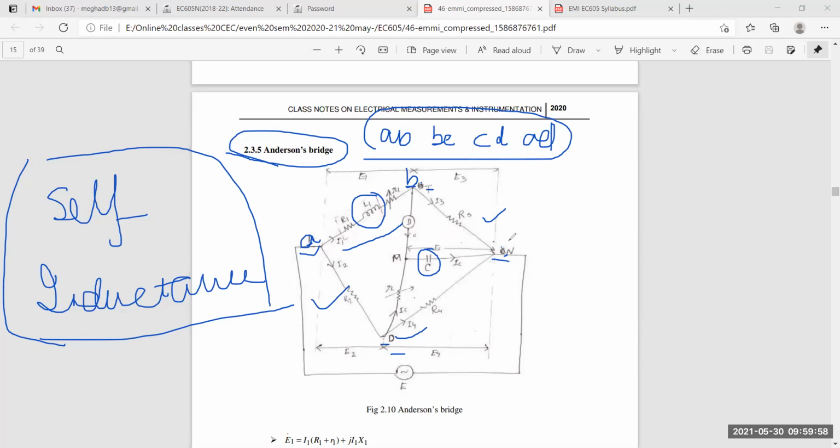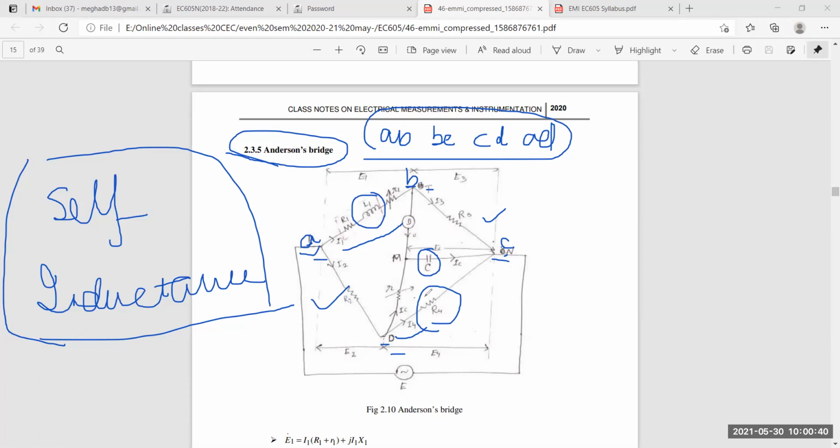If this is my CD arm with R4, the capacitor is placed here, and here the variable resistance R. So the voltage source is applied to the terminals A and C. Here the voltage will be applied. The detector is connected between the B and D terminals.